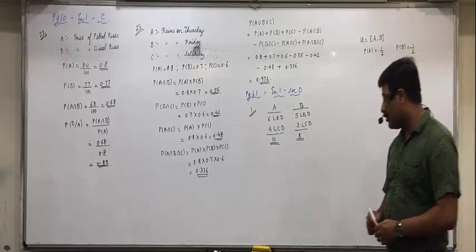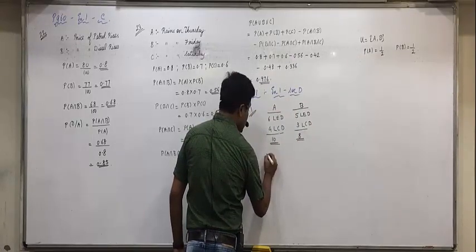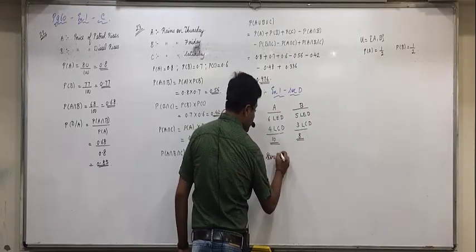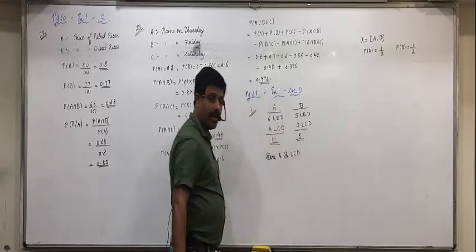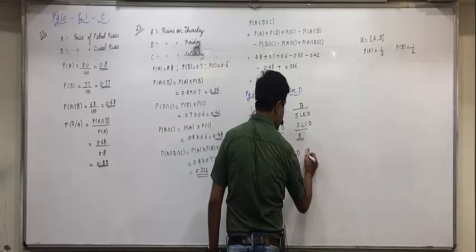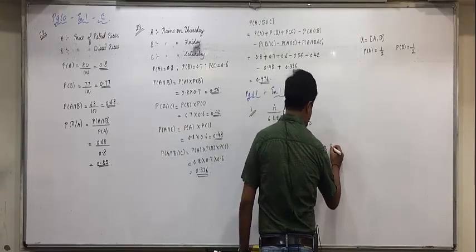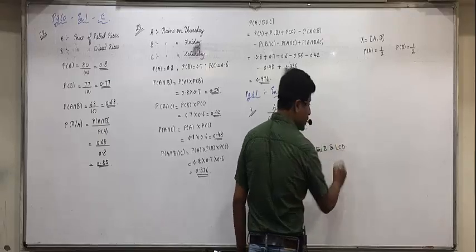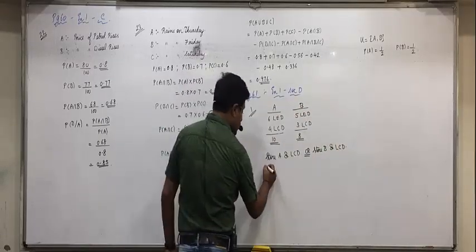So 2 possibilities are there. Either you select store A and then you select an LCD television, or you select store B and you select an LCD television. Okay? So how will you find this?